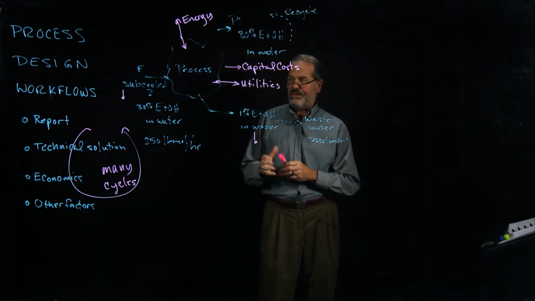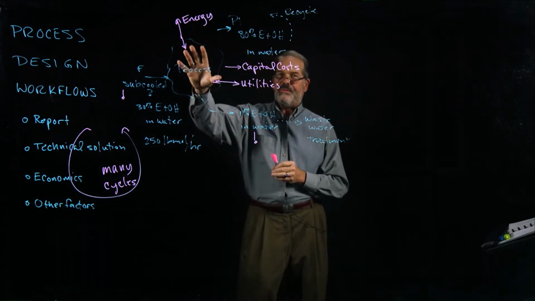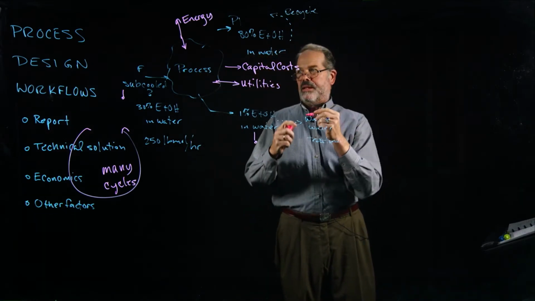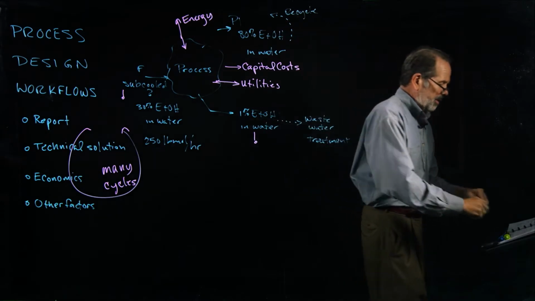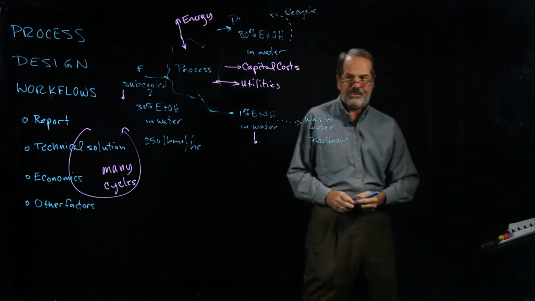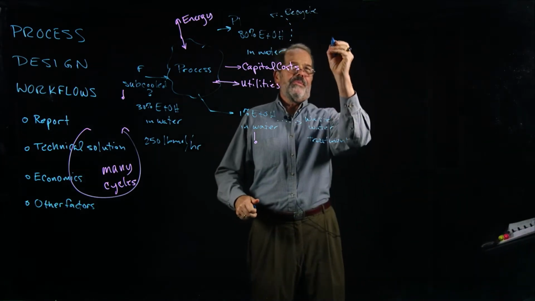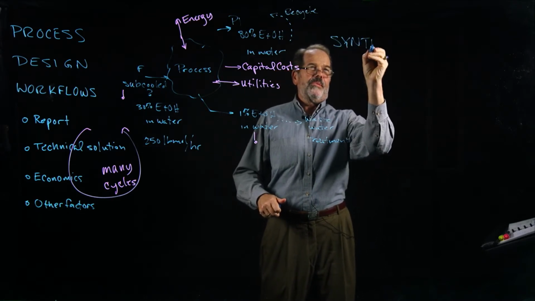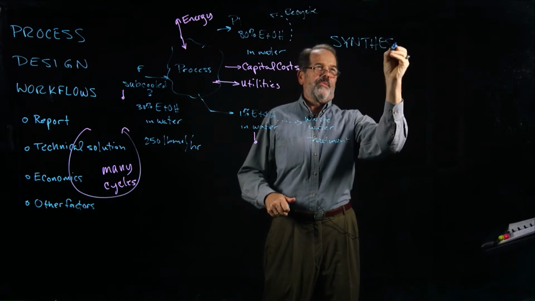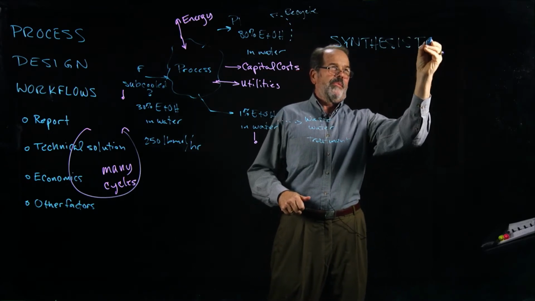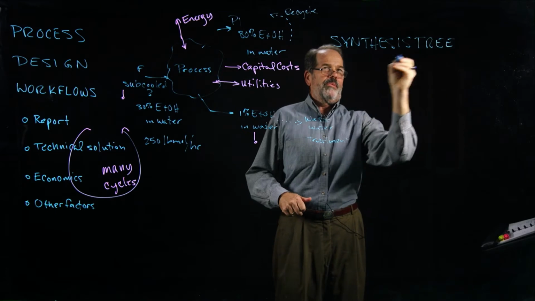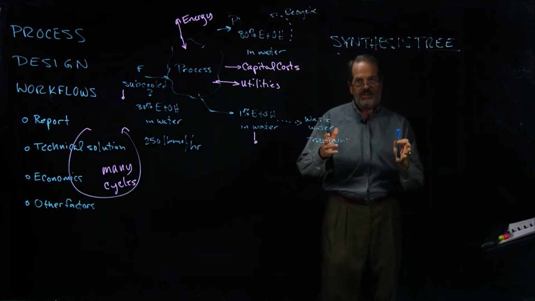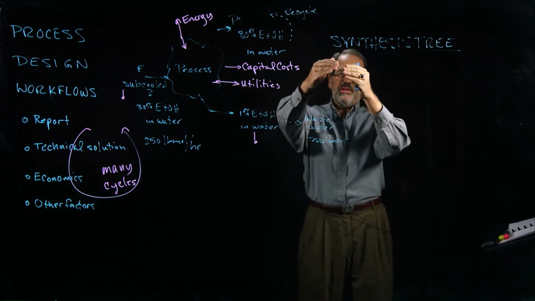Well, let's start first of all with the process. We're going to do a very quick synthesis tree, and let me keep the color blue. So if we had a very complex process, we would be talking about what steps we need to go through.